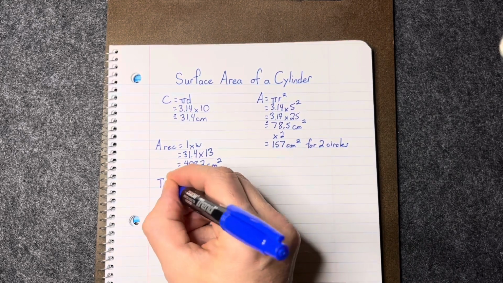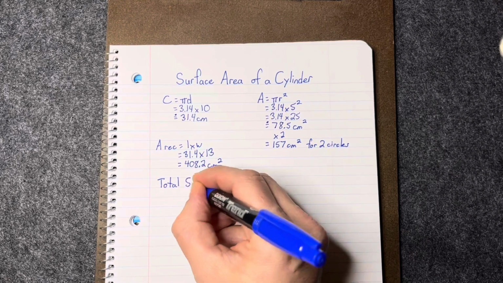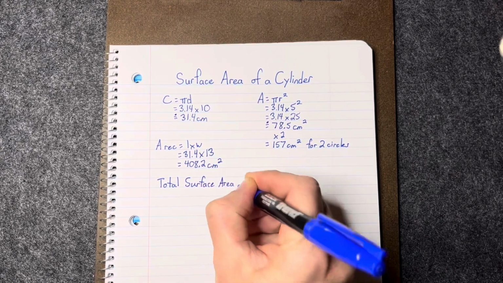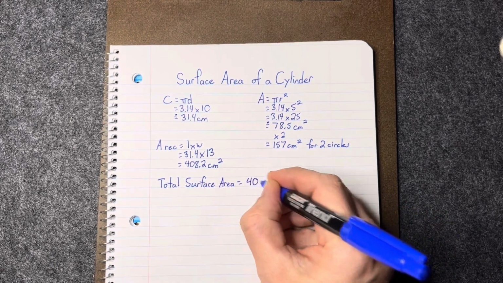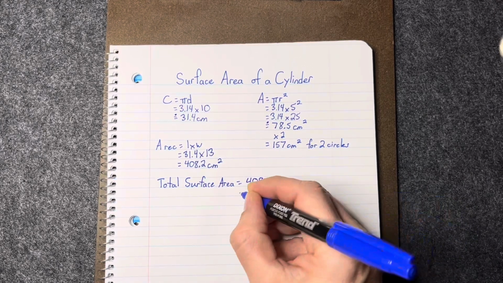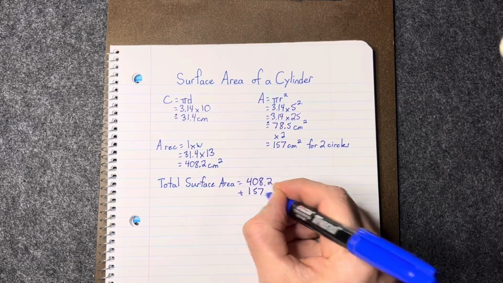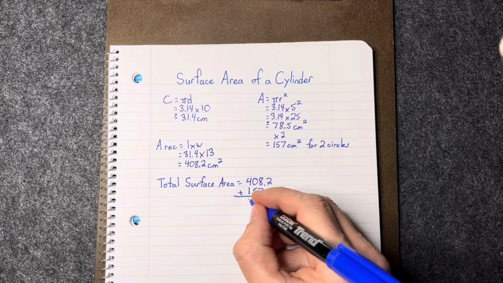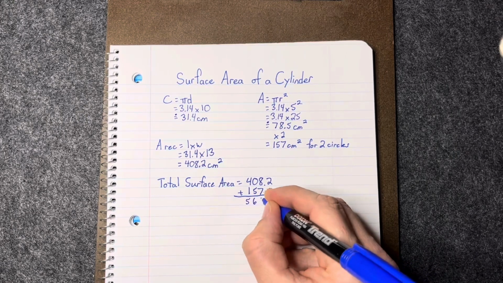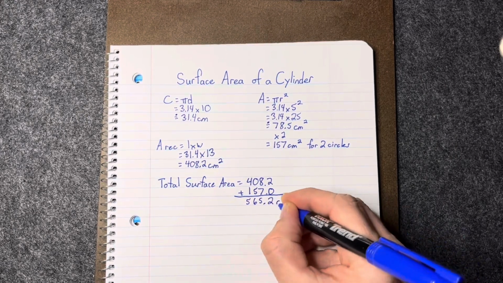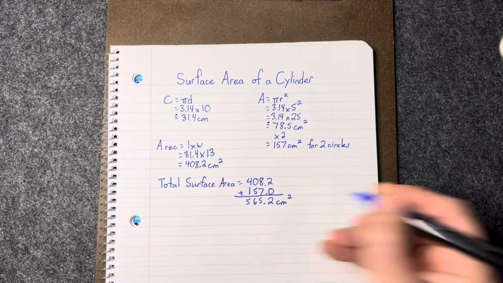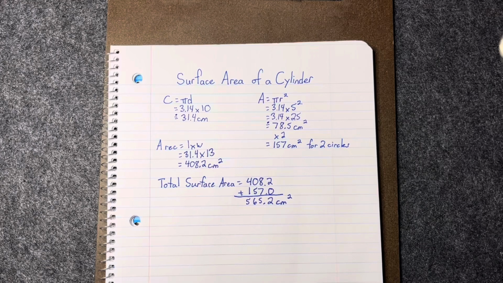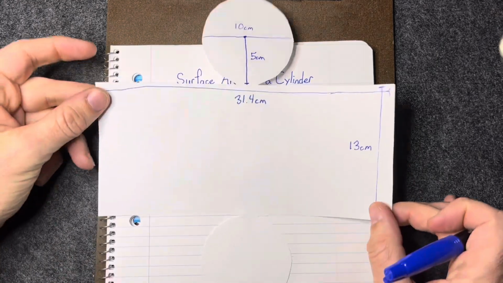So the total surface area equals 408.2 plus 157. Add those up and you get 565.2 centimeters squared.